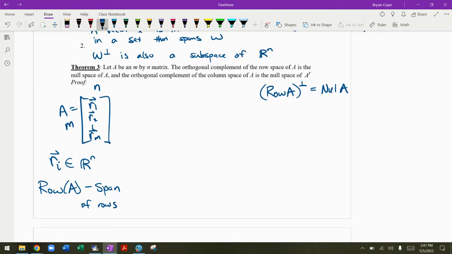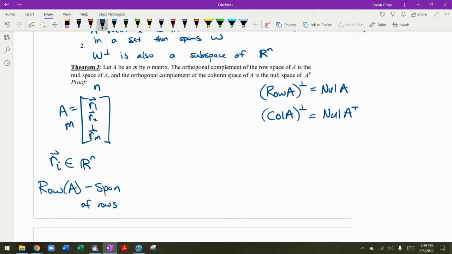And the orthogonal complement of the column space of A is the null space of A transpose. So Col A, its orthogonal complement is the null space of A transpose. Keep those symbols straight: orthogonal complement on the left, transpose on the right.